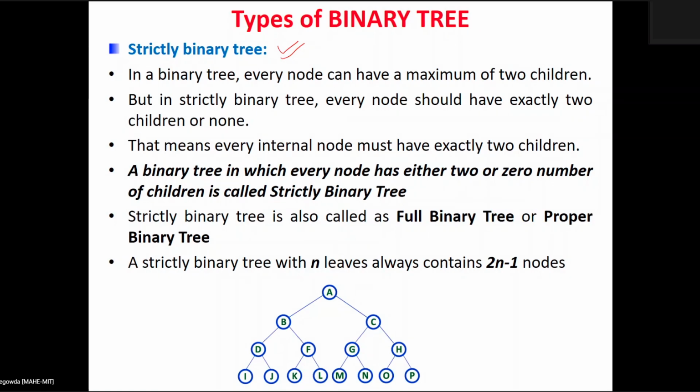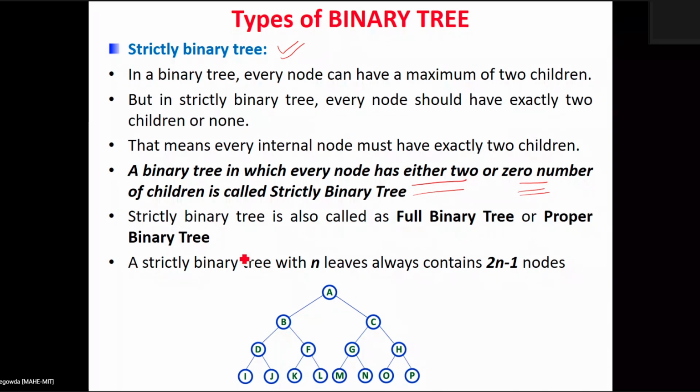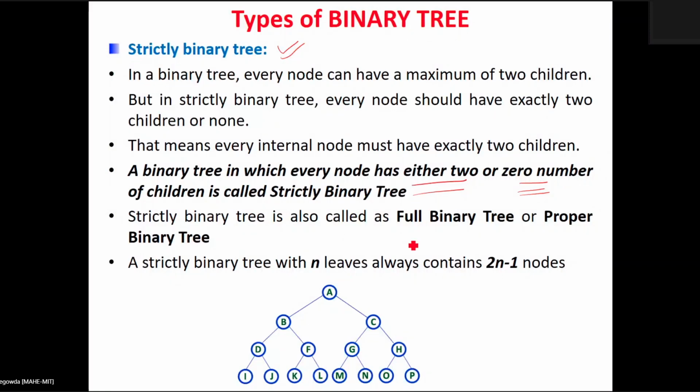So a strictly binary tree is one in which every node has either 2 or 0 children. It is also called by different names, like a full binary tree or a proper binary tree.